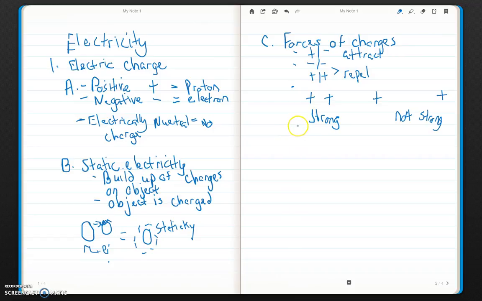Now the next thing we're going to talk about is electric field.